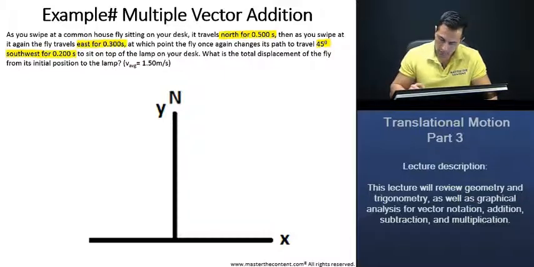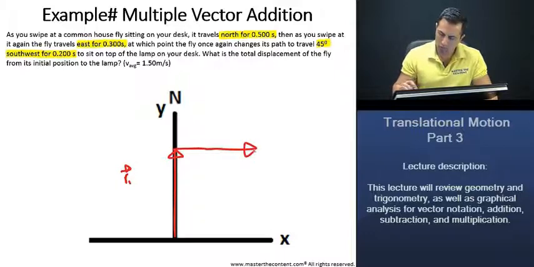First we'll go north here, and that'll be our first change in displacement. And then we'll go east here. Then our third displacement is going to be 45 degrees southwest for 0.2 seconds, giving us the following, as we see here.